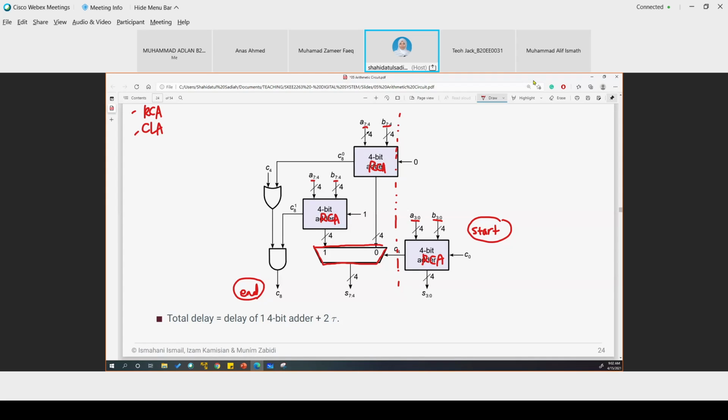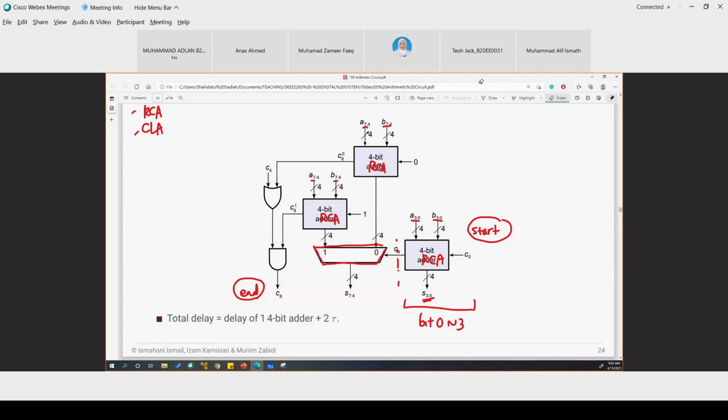Okay. So first, bit 0 until bit 3 is calculated, and we get the sum of bit 0 until bit 3. And then the carry of the 4-bit will go into a multiplexer. The multiplexer depends on the value of the carry, which can be either 0 or 1.